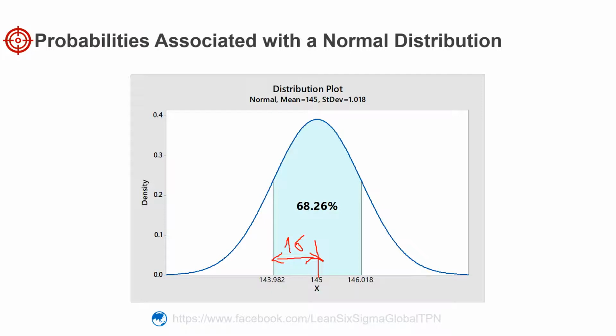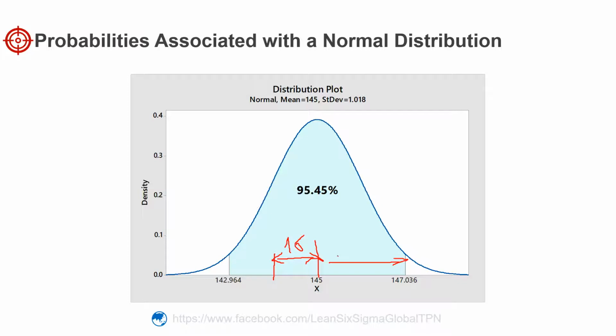A similar property holds for any number of standard deviations. For all normal curves, 95.45% of the distribution is contained within two standard deviations of the mean.